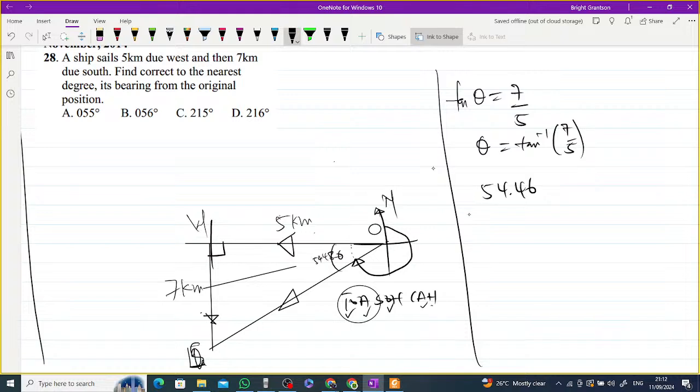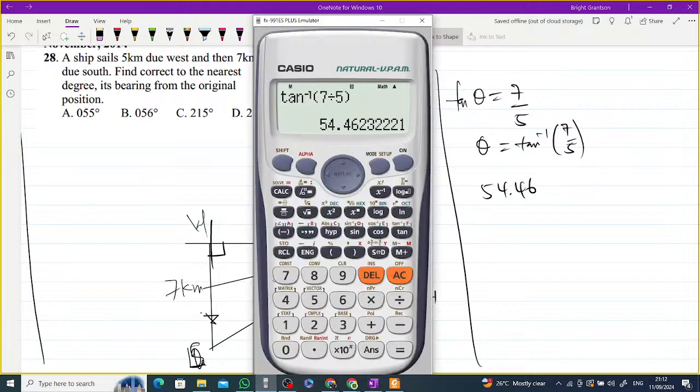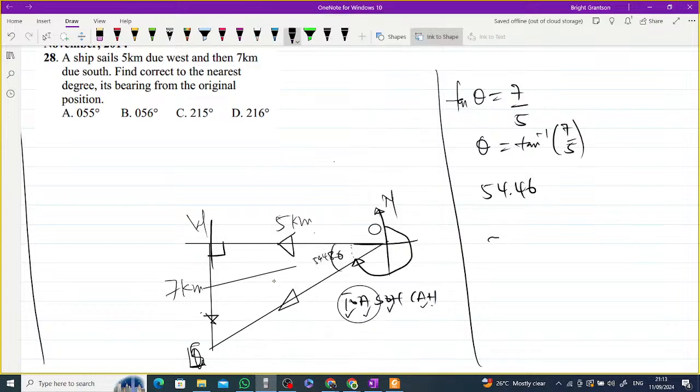So this angle, we take from 270, because the whole quadrant over there adds up to 270. So 270 minus the answer, or better still, you can write 270 minus tan inverse of 7 over 5. You are getting 215.5 degrees, which is option C. Please, do you understand now?